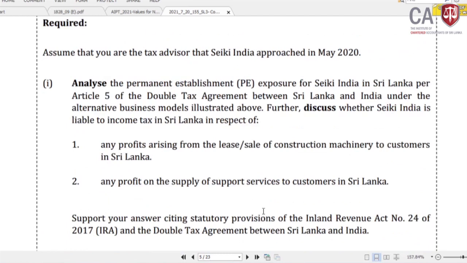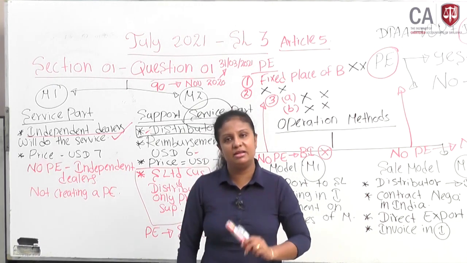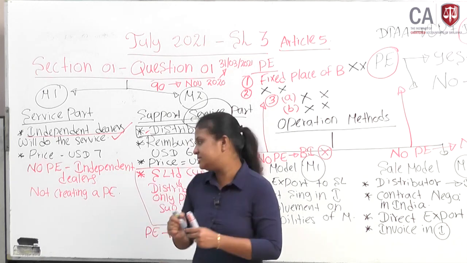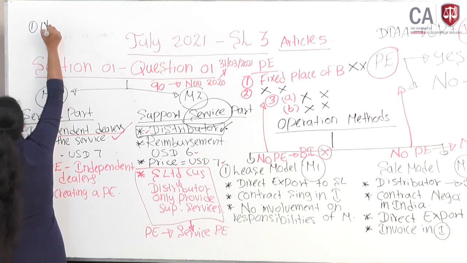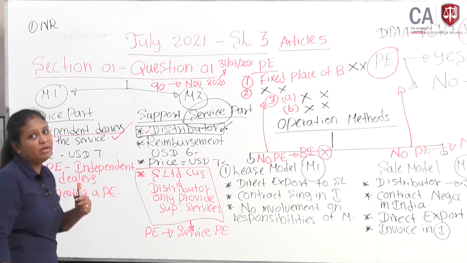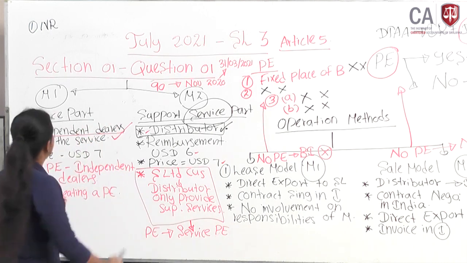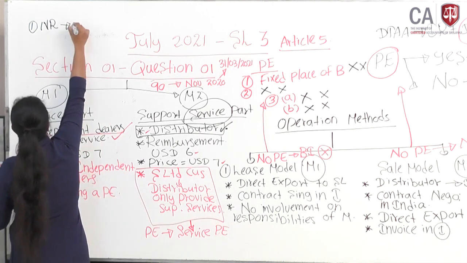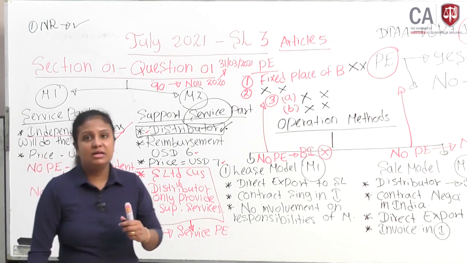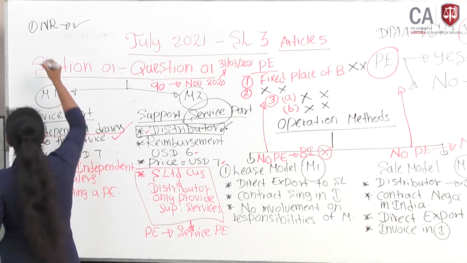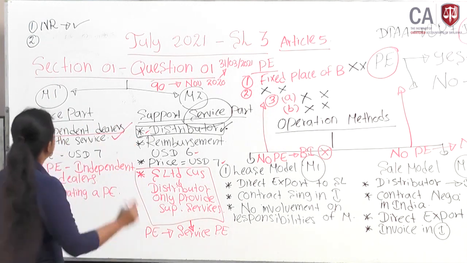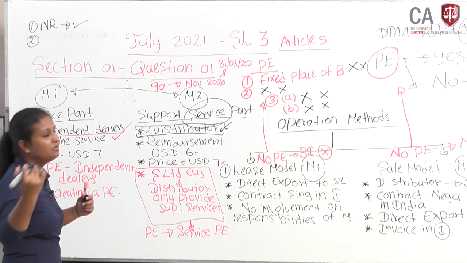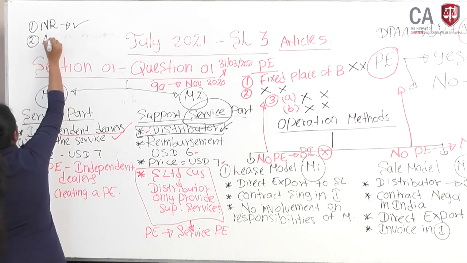What you should take from the Inland Revenue Act for your answer, Lamai, before going for anything, like I have done in the first place: the first thing is you have to recognize whether it is a non-resident person. You have to recognize first whether SEIC India is a non-resident. Yes. Secondly, if there is a non-resident person, from the Inland Revenue Act you have to write that since the company is a non-resident, the assessable income.